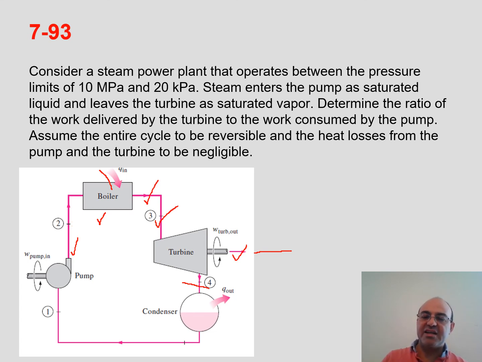It is not exactly x equal to 1, but the quality is very close to 1. Then in the condenser, you can imagine it's like a heat exchanger like this. In the condenser, because we have a water vapor mixture, we need to extract heat from this mixture in order to condense it, convert it to liquid water, and then the liquid water enters the pump again, and then it's pumped to a higher pressure.